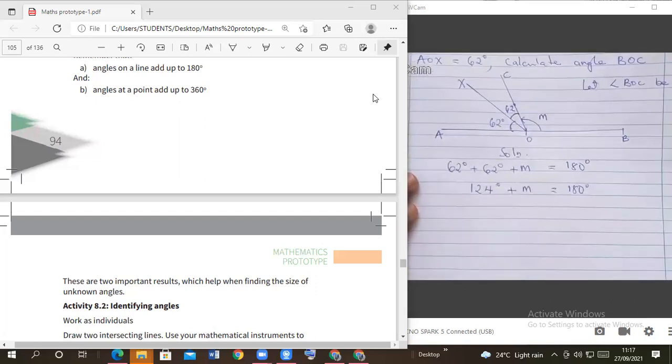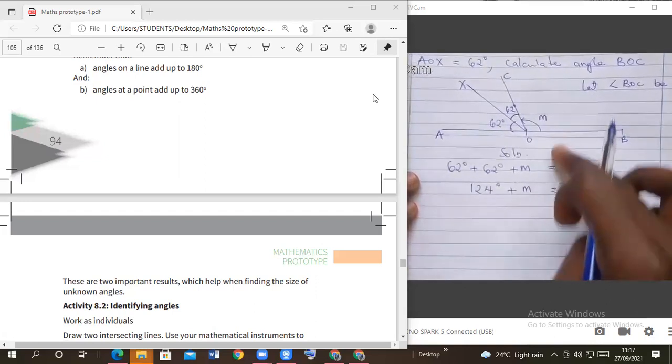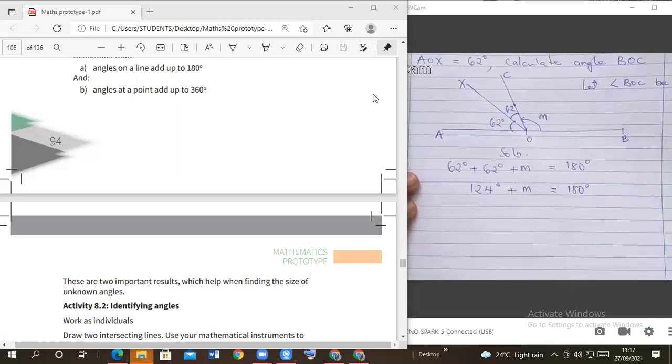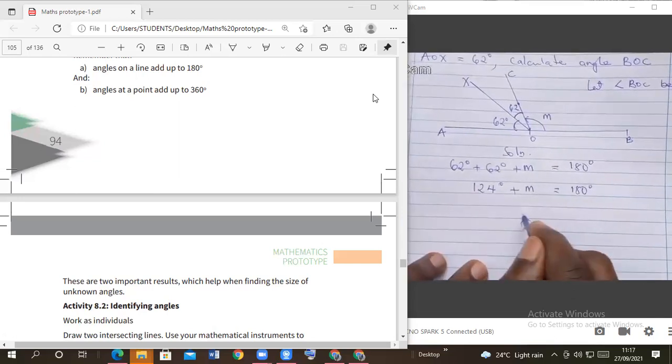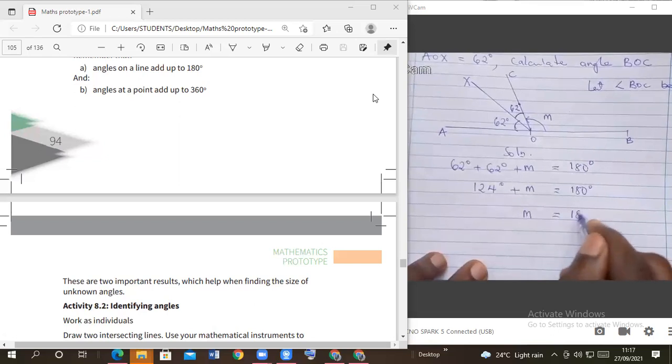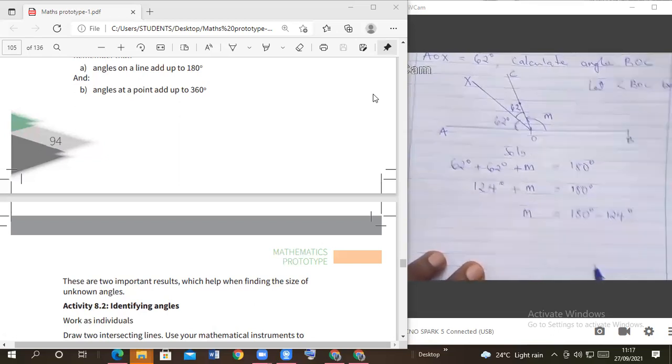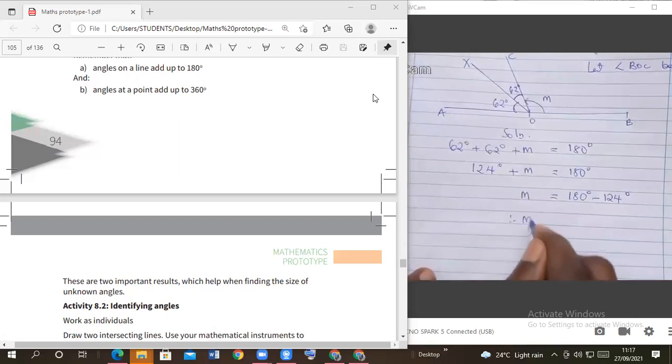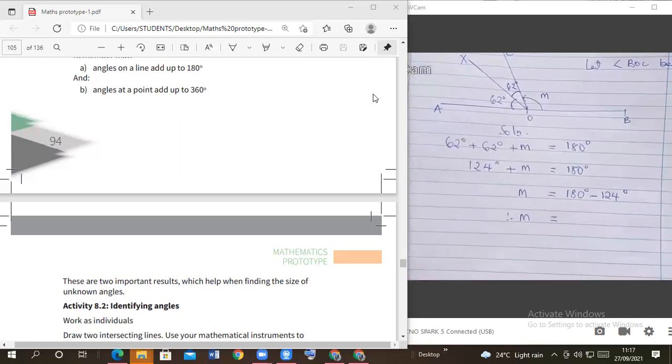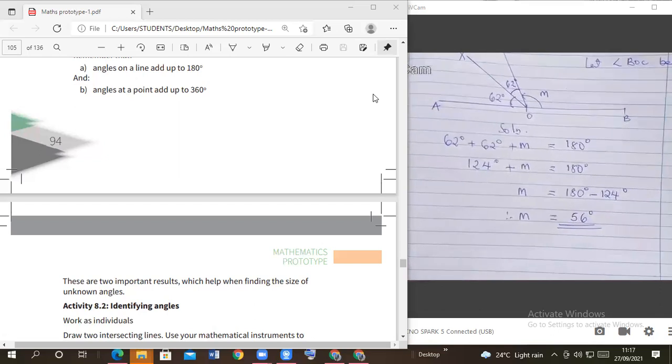Be smart and organized, members. Equal sign must be in one line. So which means our M will be equal to 180 degrees minus 124 degrees. So therefore, what is our M? 56 degrees.